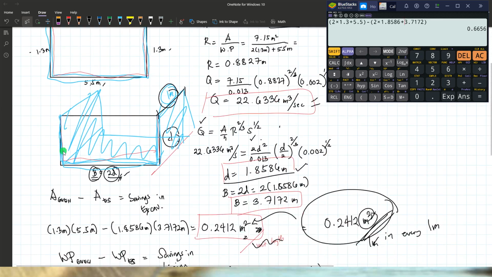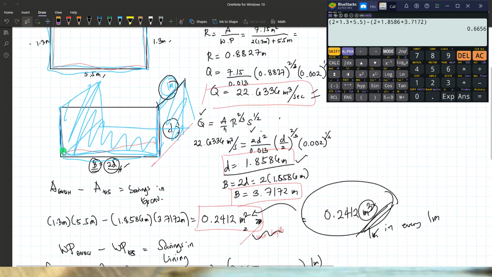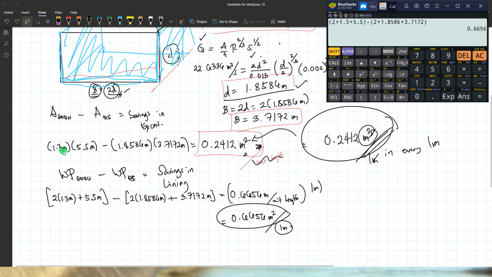When we determine the difference in the wetted perimeter, and we multiply it by 1, we can express it in square meter, but it is in every 1 meter length. So we save an area of 0.6656 square meter per 1 meter, or of course the meter will be cancelled out. We save 0.6656 meter of lining in a 1 meter span. Okay, length.